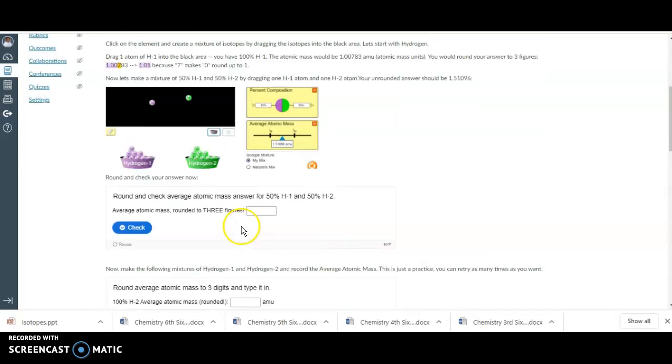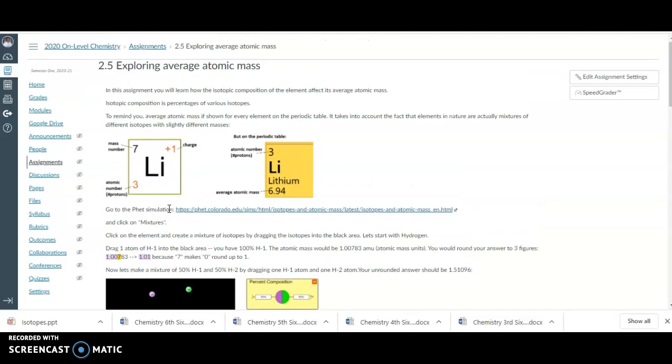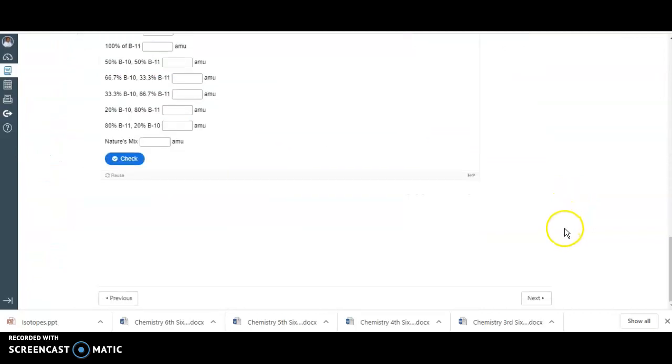Calculating. Please look at the examples that you've been given. Okay, so the explanation right here. Follow these steps. If you follow these steps, you should be able to calculate the average atomic mass of those elements that you're given. Now, once you've done this, check each one that you did.